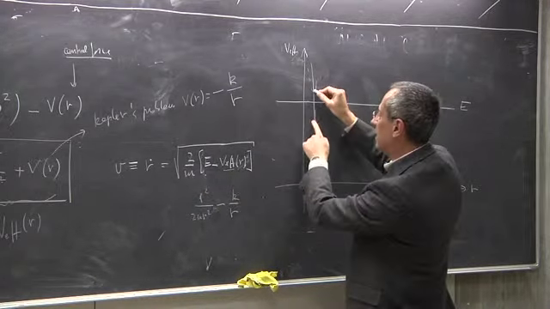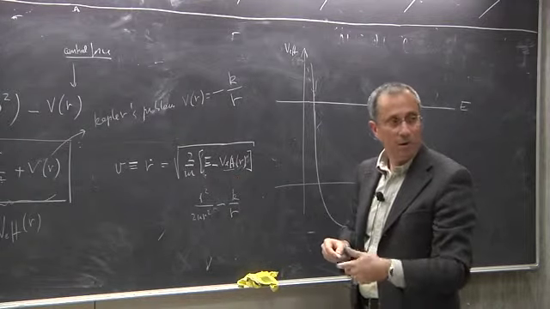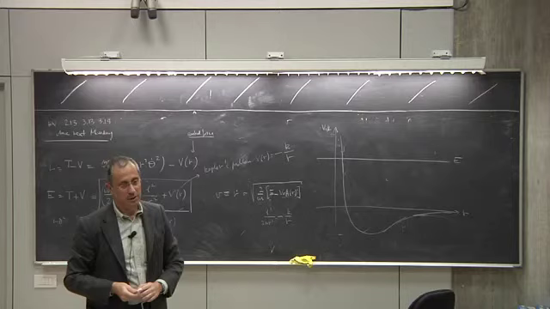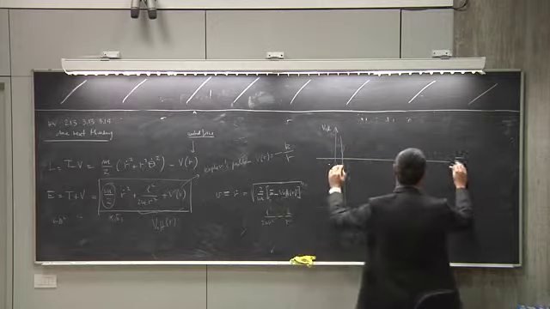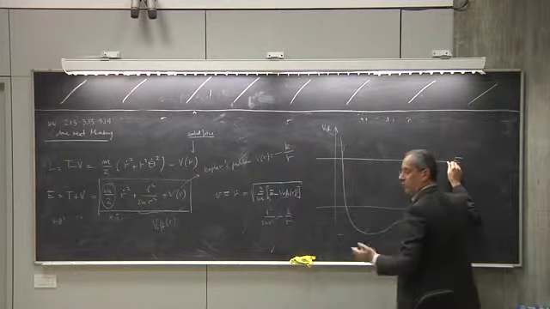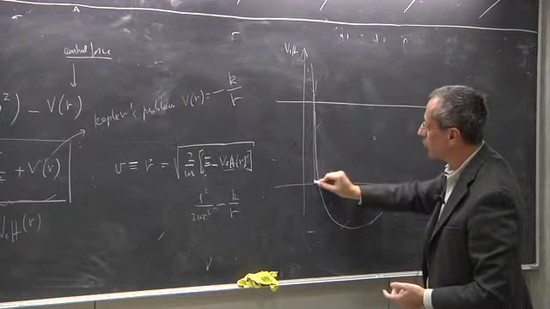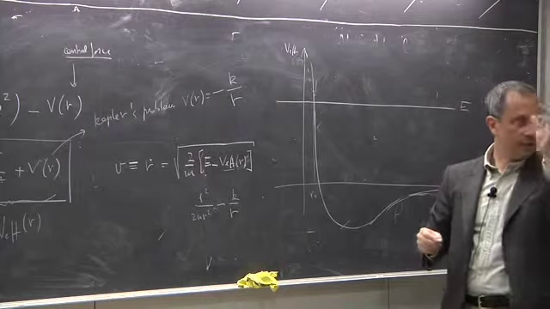Because you see, here V effective is larger than E, this is less than 0, and the square root of a negative number is imaginary. So if your energy is this one, what happens is that you come close. This is the closest point of approach. Let's call it R0, and then you fly away.